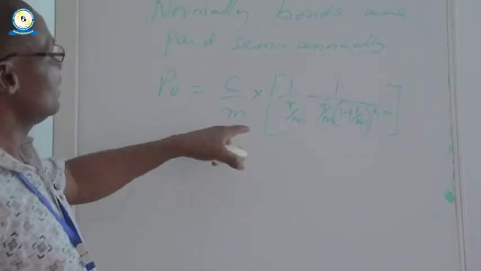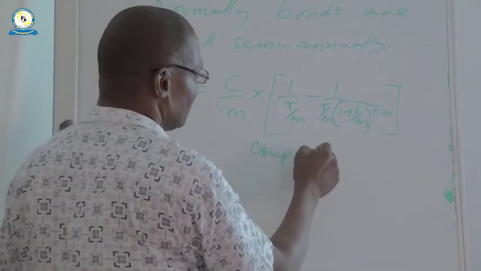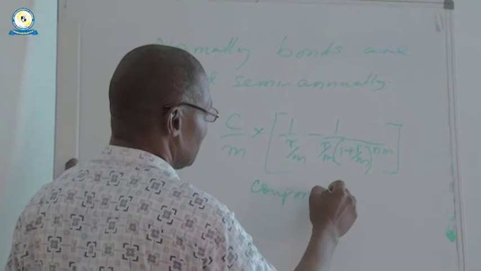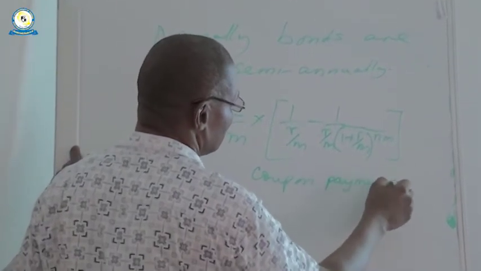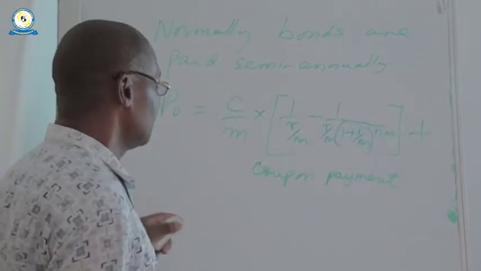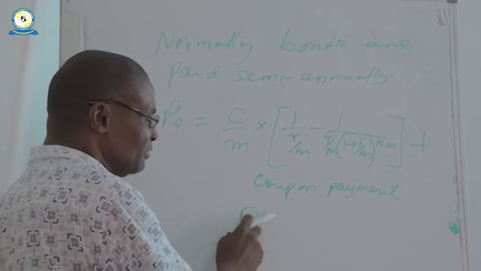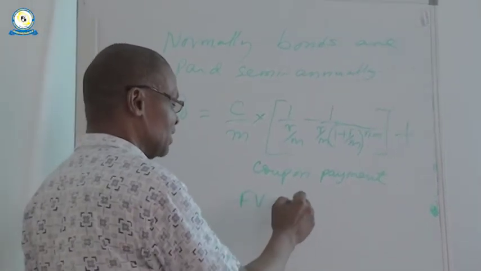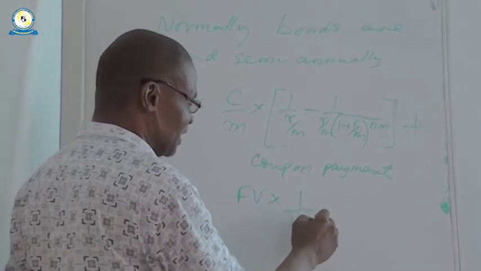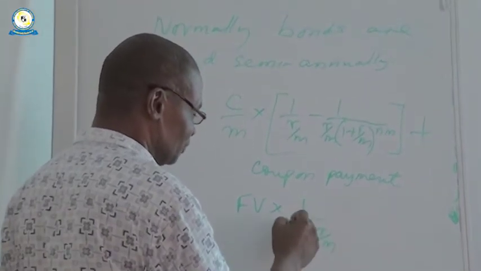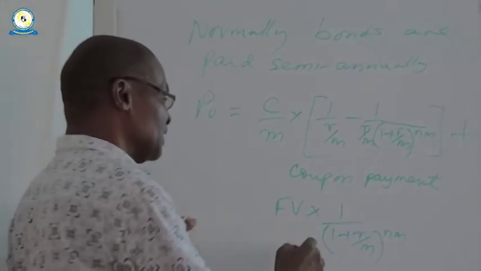This is the coupon payment, plus face value. This face value we do not divide by 2, times 1 over (1 plus R over M) power N M. This is the face value payment.